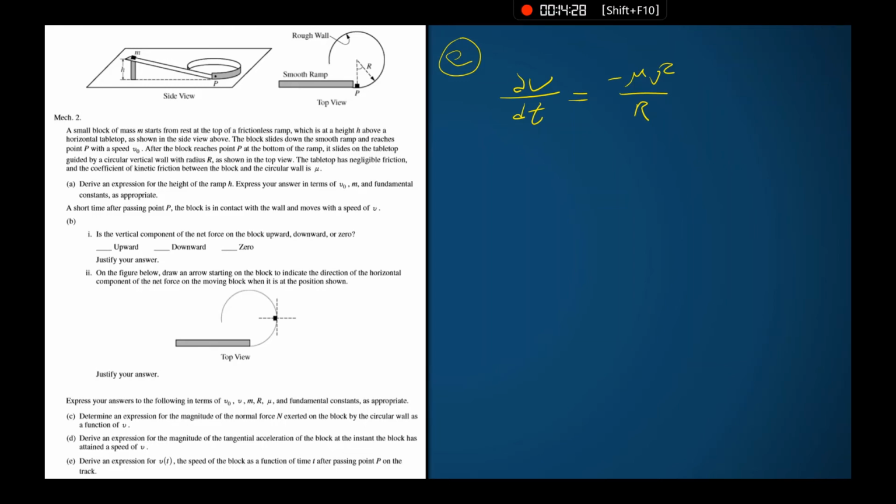What's going to happen when I integrate? Okay, the mu and the r are constants. So when I integrate, what's going to happen?